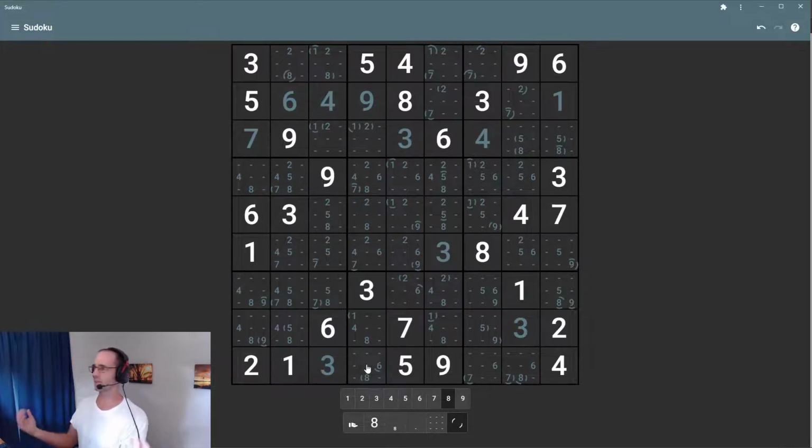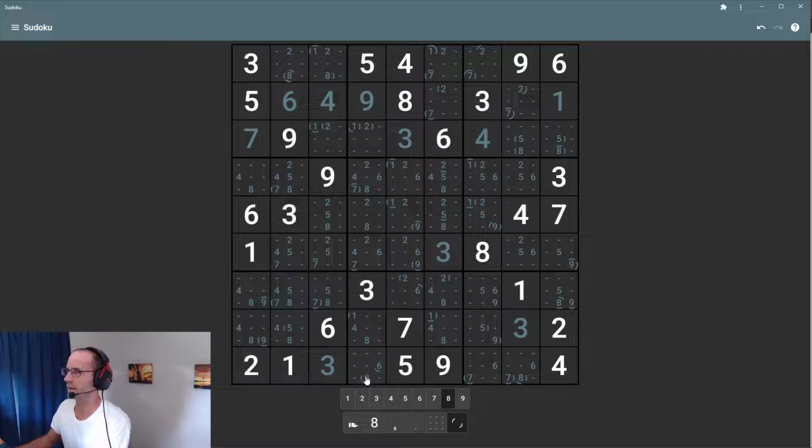So either way, if a cell could see both, so this one or this one, nothing to do there. If there was an 8 sitting around these intersection cells where it could see both of those, we could eliminate it. But anyway, so this would be an 8, which makes this a 1-4 pair here.